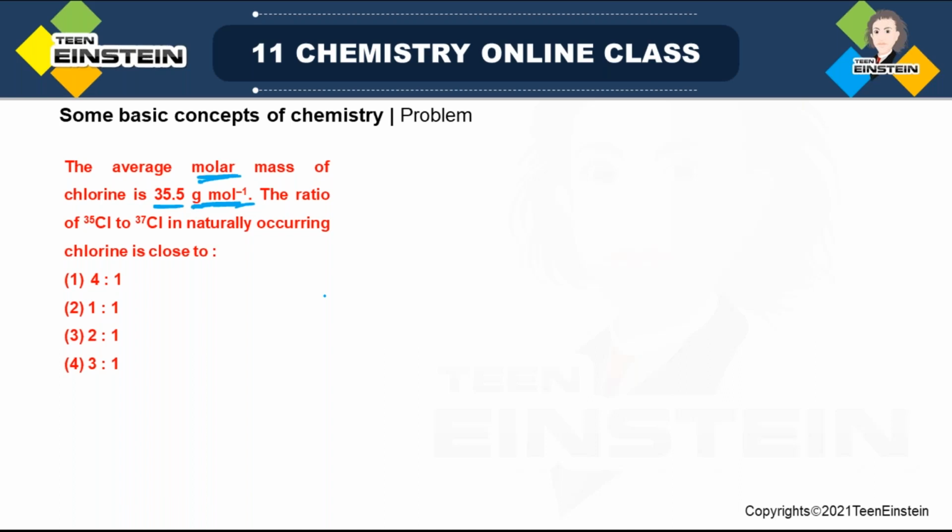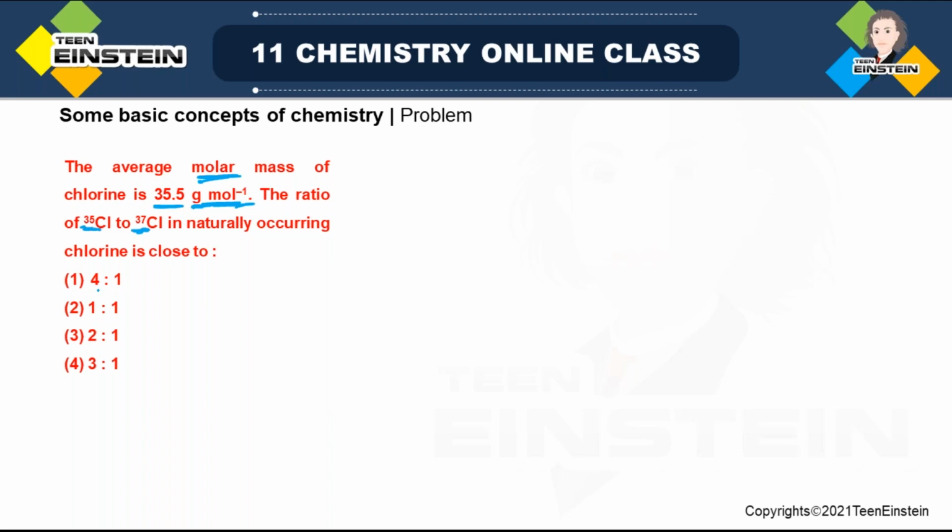Okay, so come to the question. It says the average molar mass of chlorine is 35.5. Now, 2 isotopes of chlorine are there: one has mass 35, another one 37. For these 2 isotopes, we have to find the ratio of chlorine-35 to chlorine-37 in naturally occurring chlorine. Different ratios are given in options 1, 2, 3, 4.